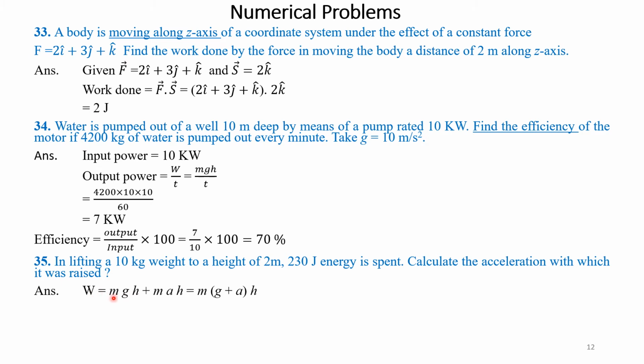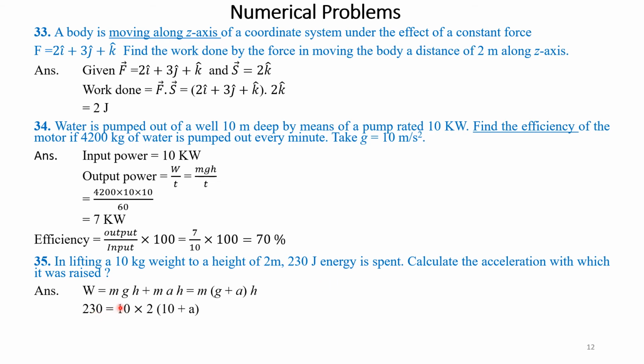Work done is equal to mgh plus m into ah. Simplifying, taking m as constant, work done is equal to m into g plus a into h. Therefore, W is given as 230 joules.